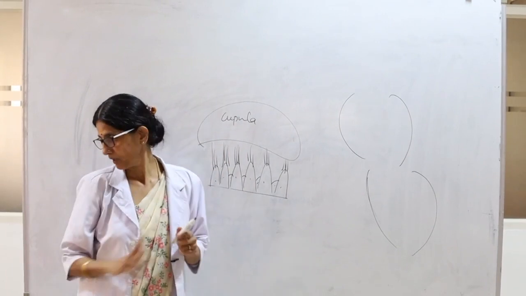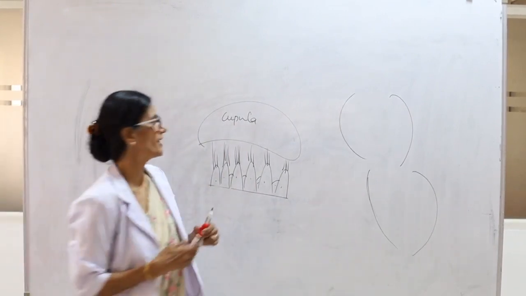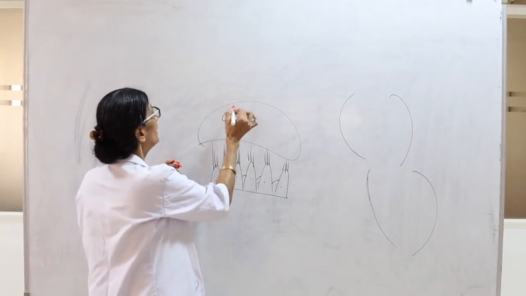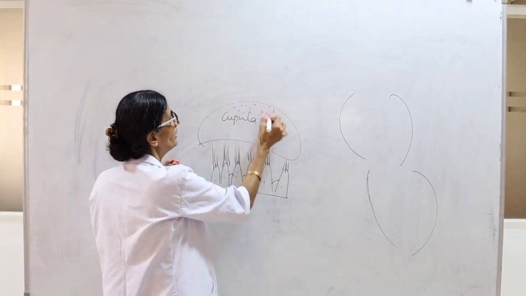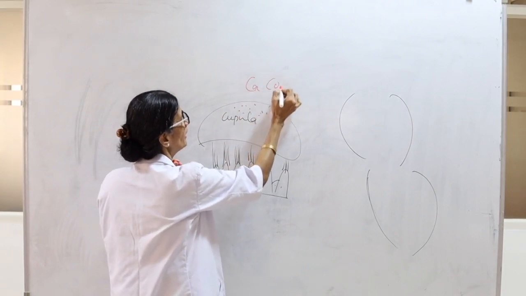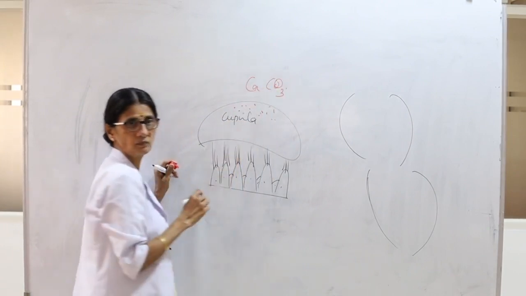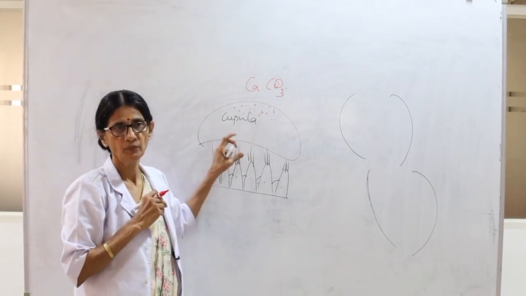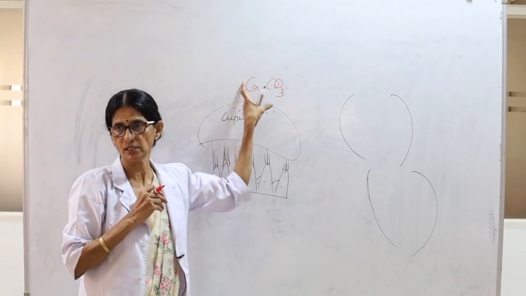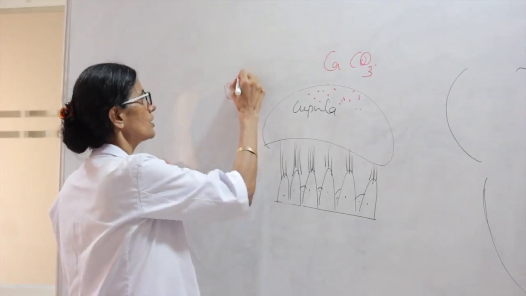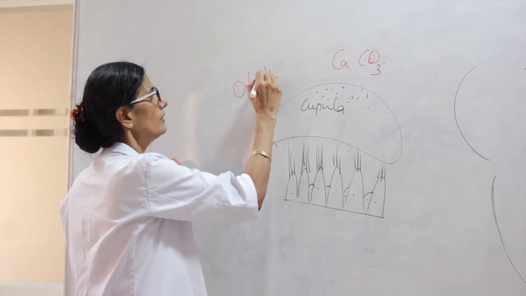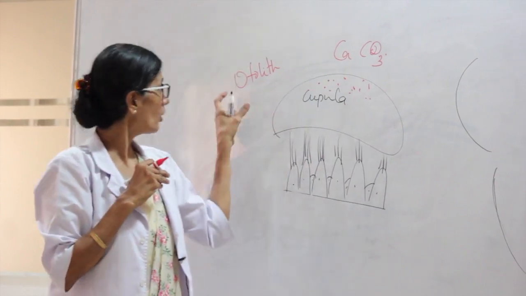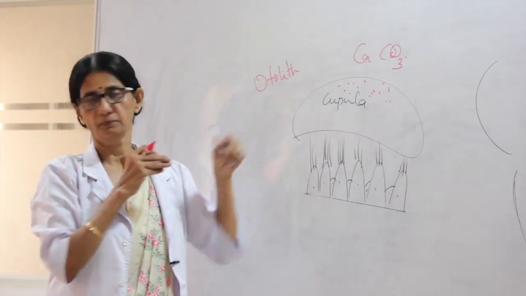But another important difference is that this cupula or the gelatinous material is studded with very many calcium carbonate crystals. So this gelatinous material on top of these hair cells of the ciliated epithelium is studded with calcium carbonate crystals. They are also called otoliths, and hence this is otherwise called the otolith organs. These are also called otolith or otoconia.